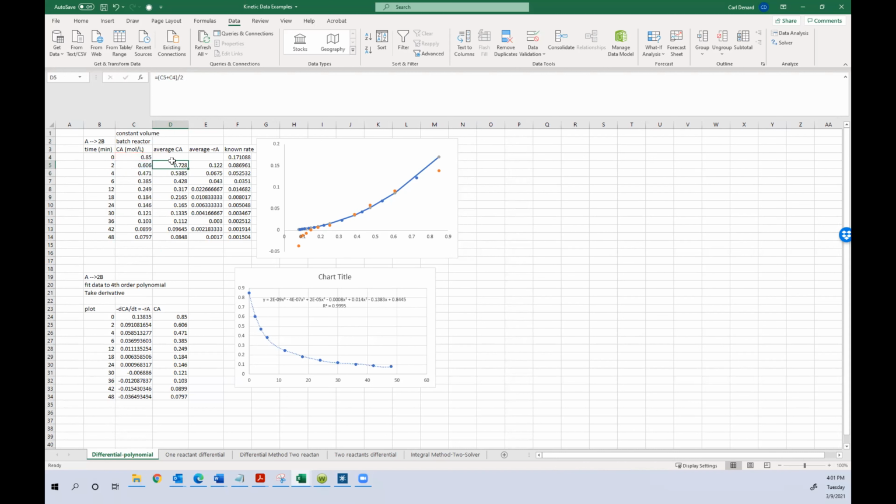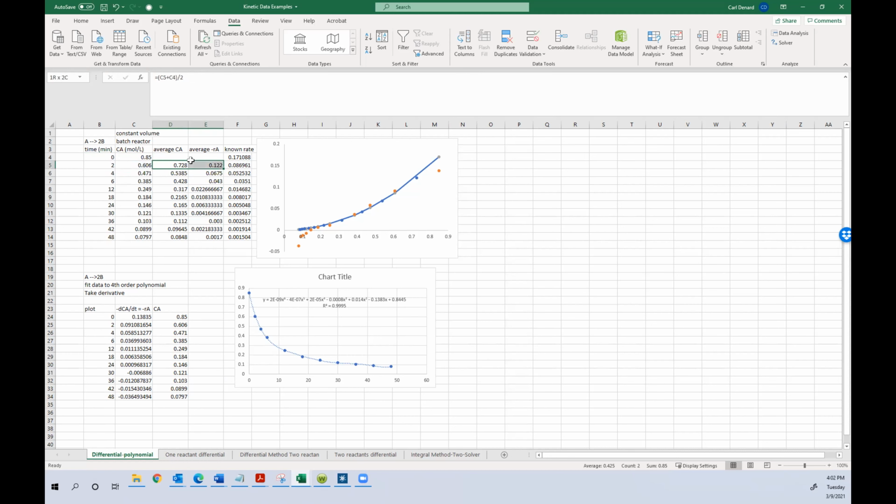And you calculate your average rate, which is C5 minus C4 over B4 minus B5. As long as that number is positive, you can put it in any order. The book has C4 minus C5 over B4 minus B5, but anyway, it's going to be a positive number.